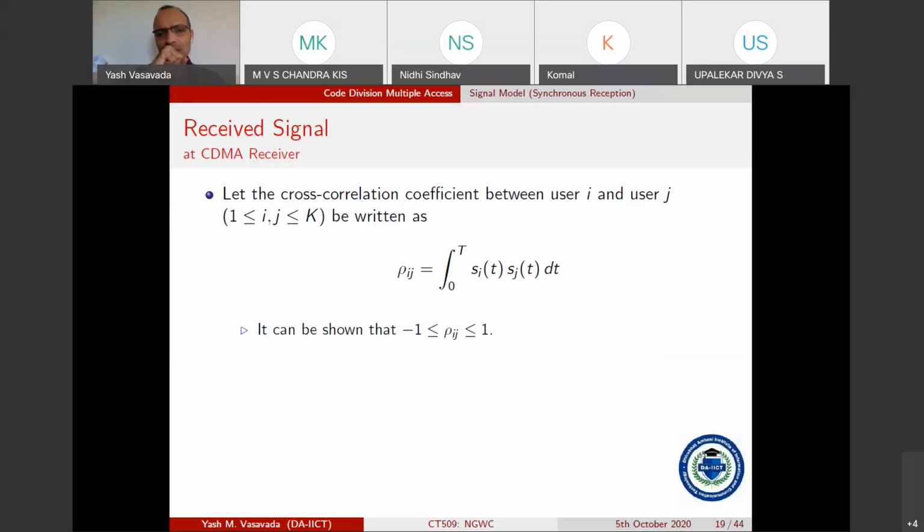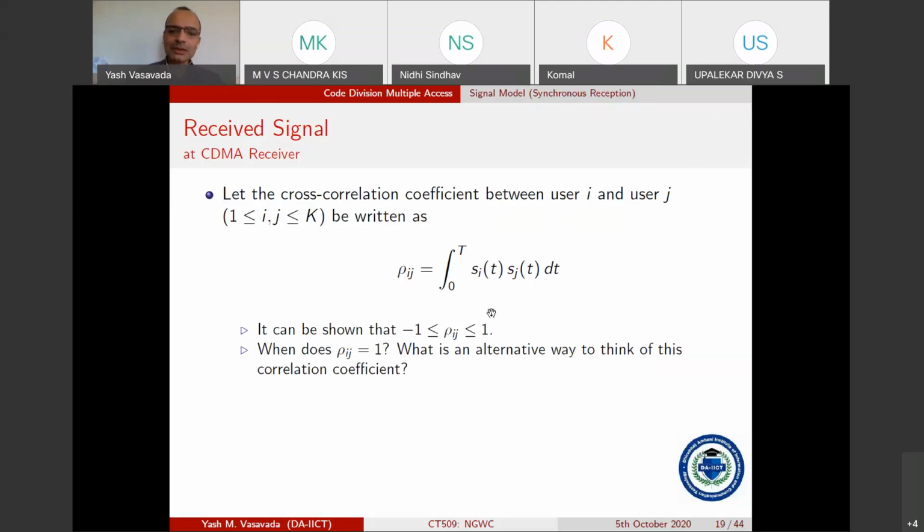Can you put that in a little more mathematical way? Anudeep had the right answer, but what would be a way to think of this equation over here? When we put I equal to J, basically we are calculating the energy.